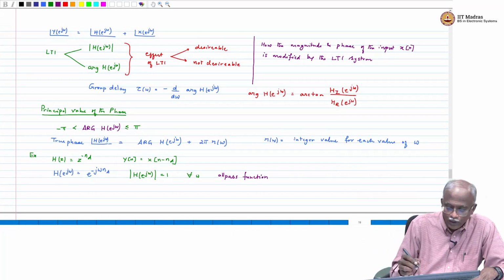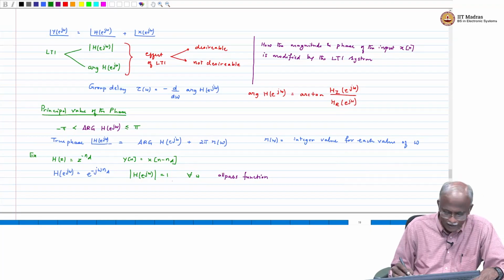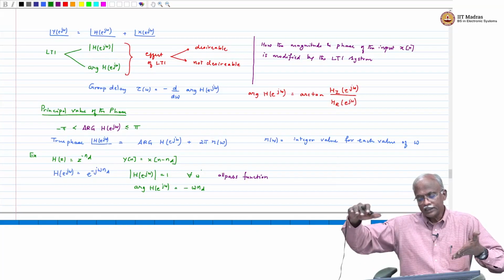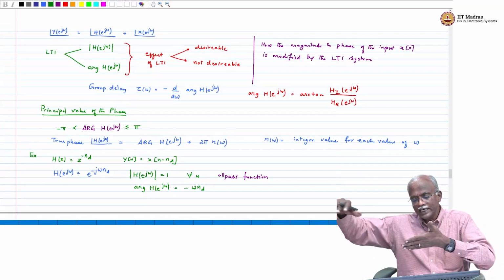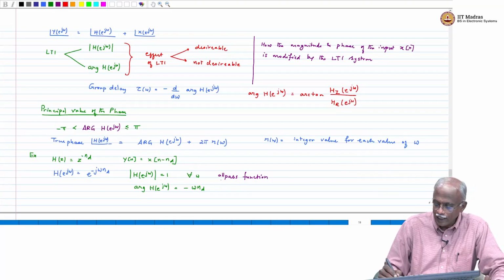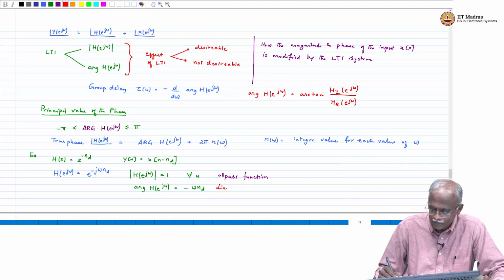It also has a very interesting property. The argument of H_e(j omega) is minus omega n_d, and you can see that the argument varies linearly with frequency. Therefore, this is called a linear phase function.